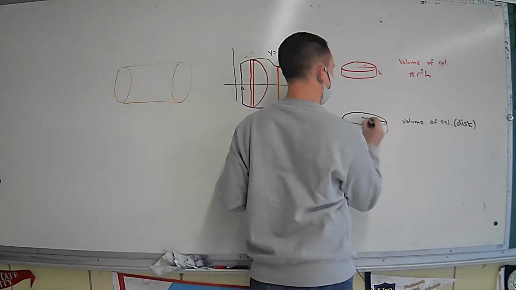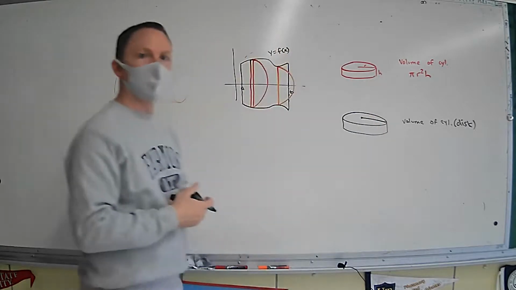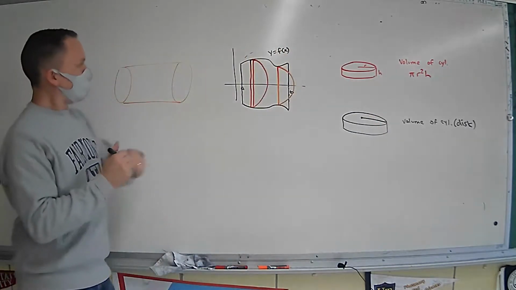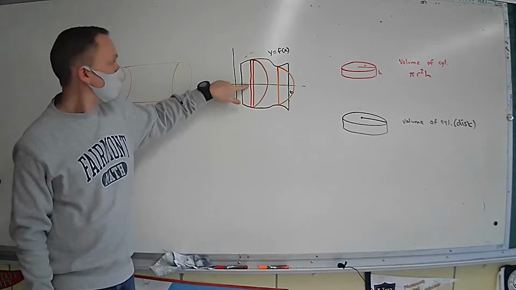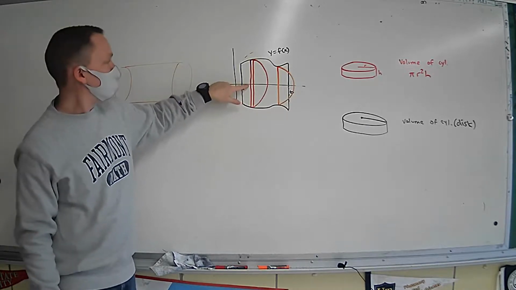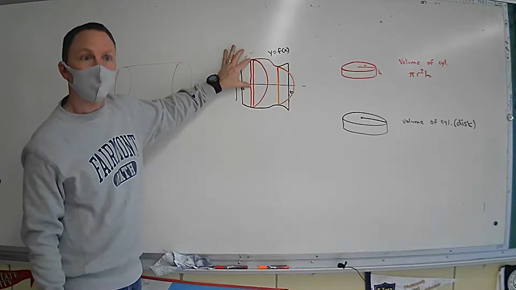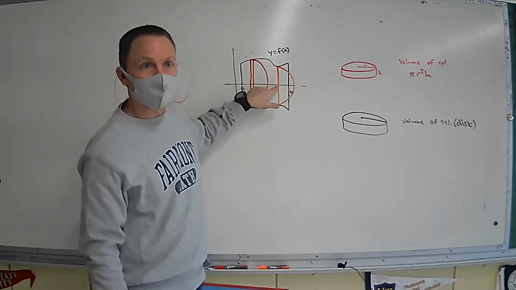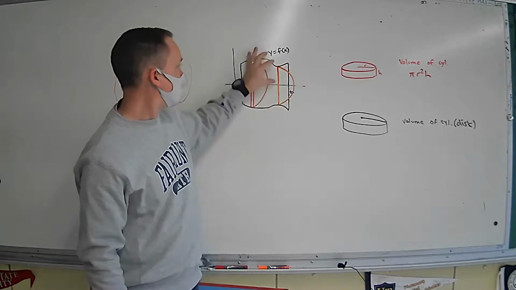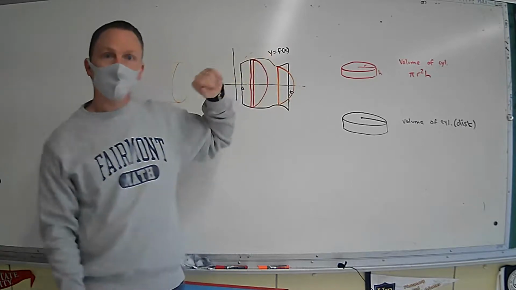Well, what's the radius of that cylinder? What's the radius of this red one? Isn't it just however tall that is? What's the radius of this orange one? Isn't it just however tall that is?